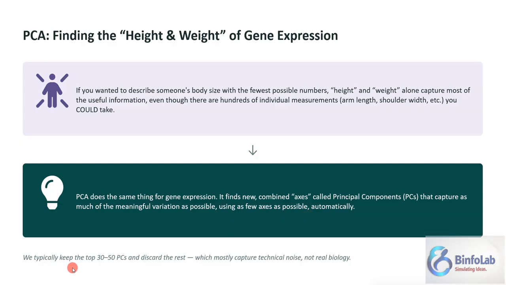We typically keep up to 30 to 50 PCs and discard the rest, which mostly capture technical noise, not real biology. Whenever you are doing a PCA analysis, no matter which field you are in, we are actually selecting the top one, two, three, or 10, or 15 PCs, but we are not selecting the whole set, because after some time all the PCs retain a similar kind of variance.